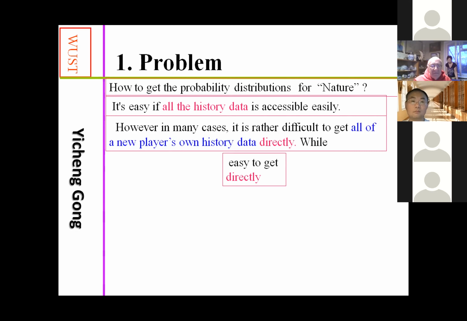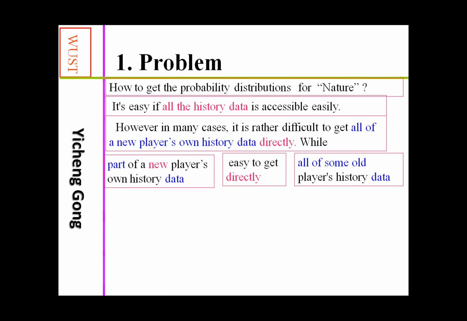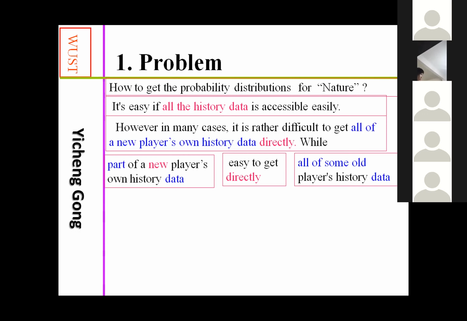Well, it is easy to get directly a part of a newer player's own history data, and it is easy to get directly all of some older players' history data.